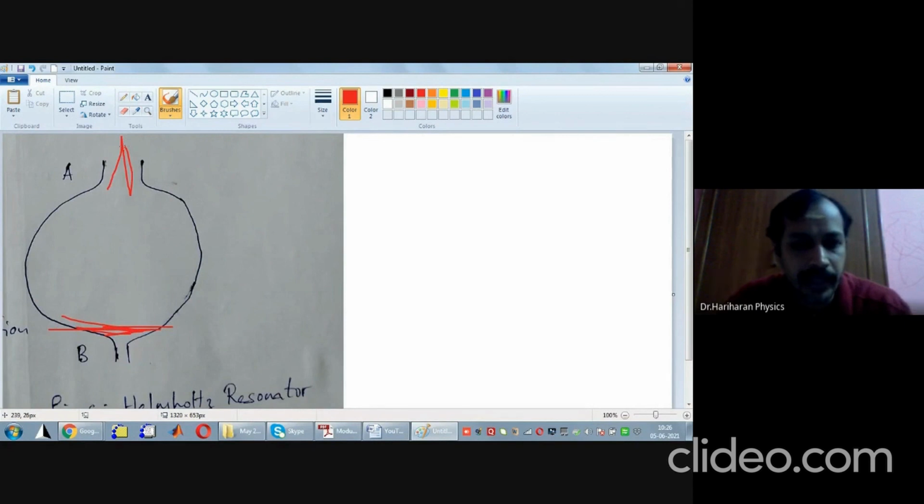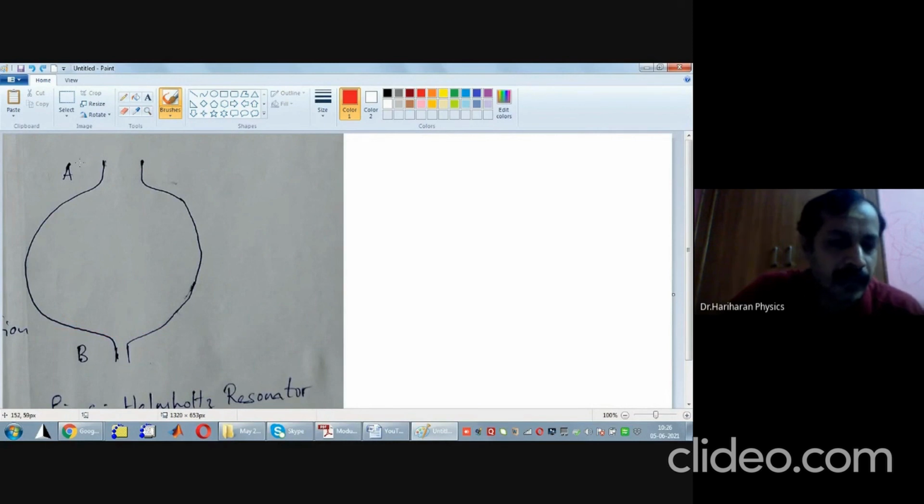Now in the case of the Helmholtz resonator, what happens? This is roughly the geometry of a Helmholtz resonator. So this end A, we call it the mouth. Then this will be the body of the resonator, correct, as shown in the diagram. And this point B, which is a narrow opening, you will place this near your mouth and blow air inside it.